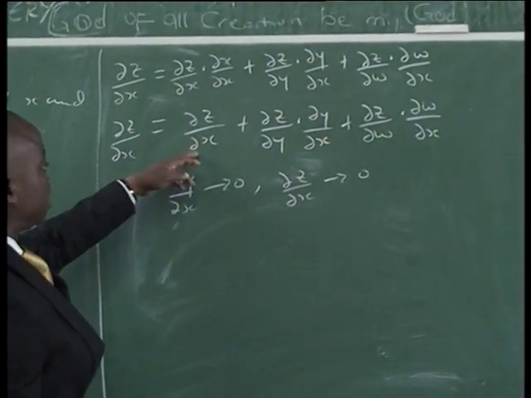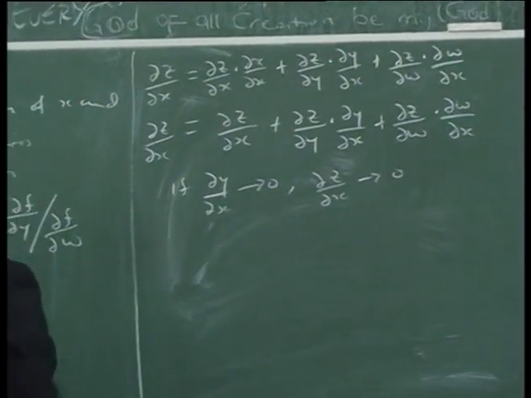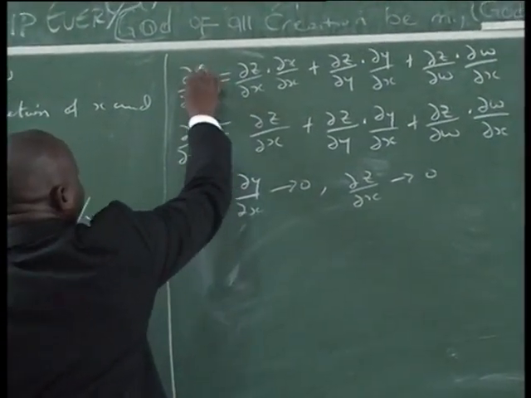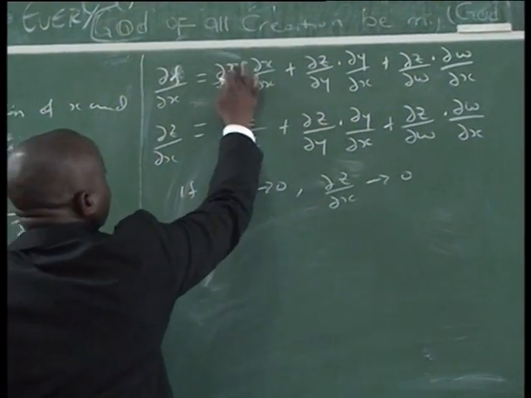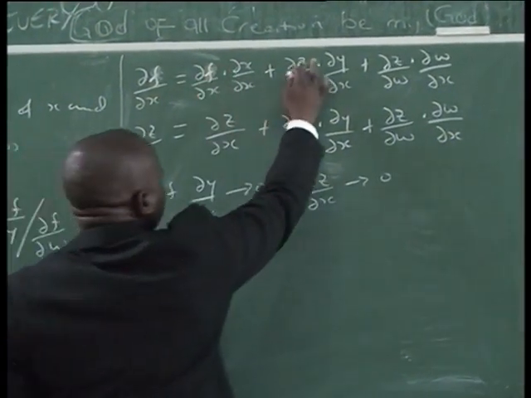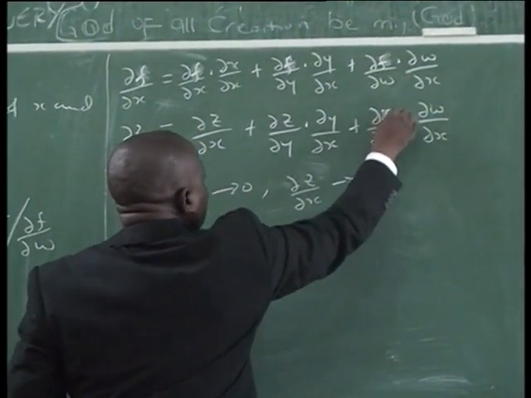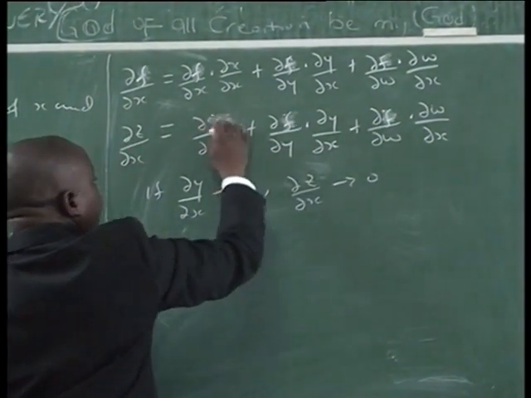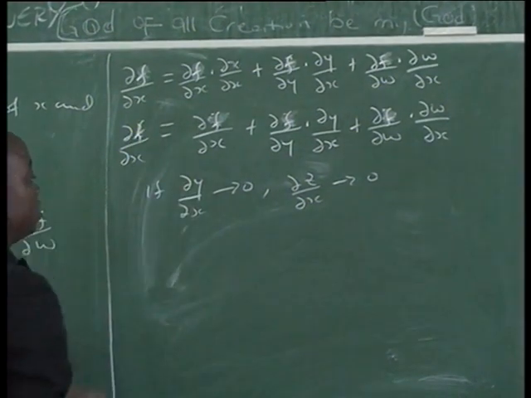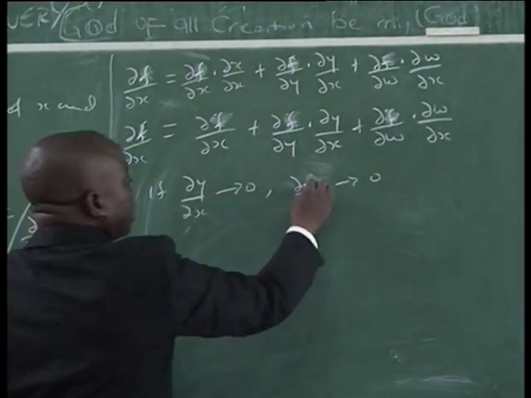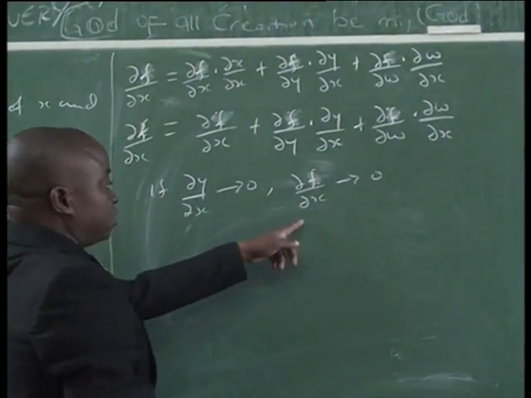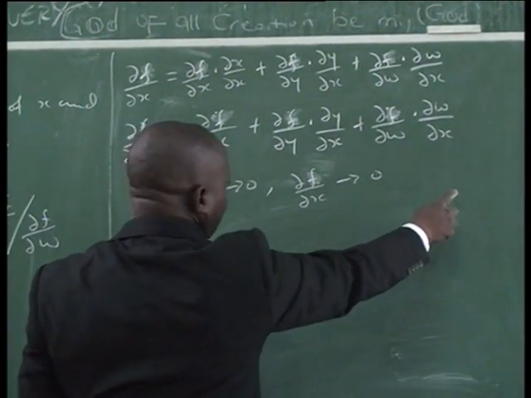But we want to deal with this. Okay, I will use f. We are using f in the place of z this time. So these are f. So that partial f, partial x will also go to 0.